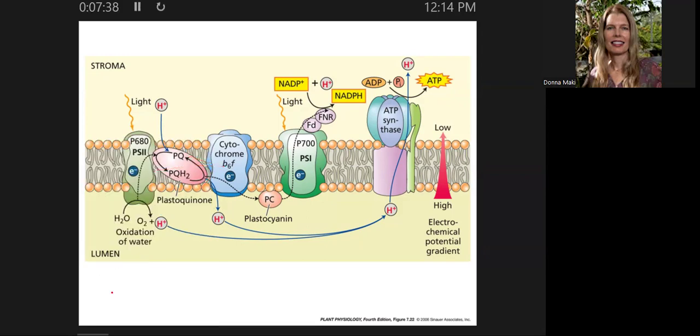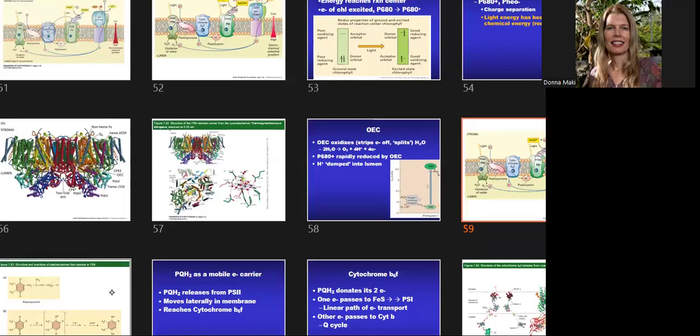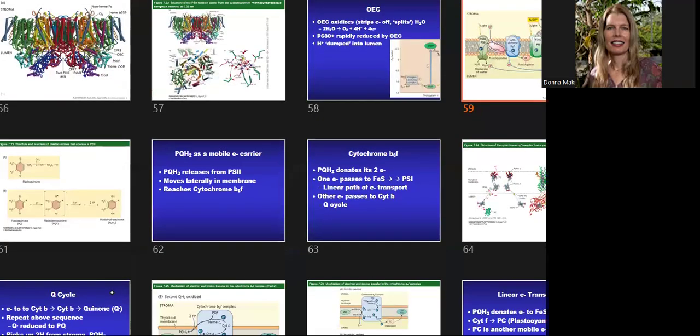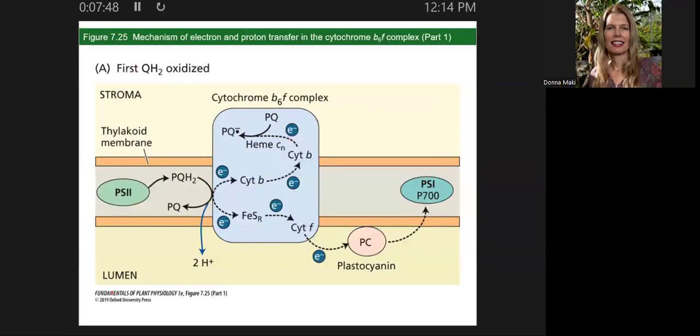And so now that is leading to the idea of the Q cycle. So here you have the start of it. One of the PQH2s releases off photosystem 2, comes along, donates 1 electron into the so-called linear path, and then the other electron goes into the Q cycle.